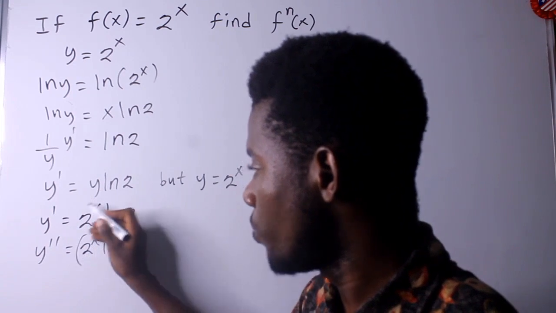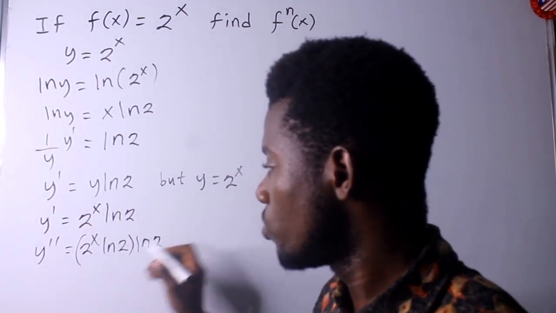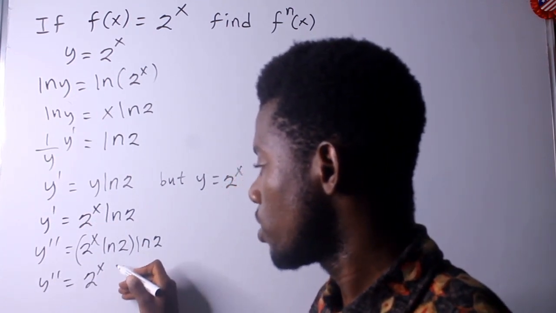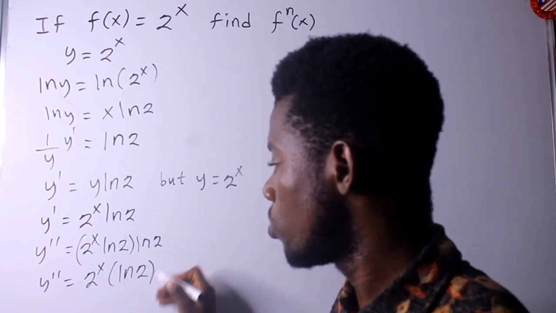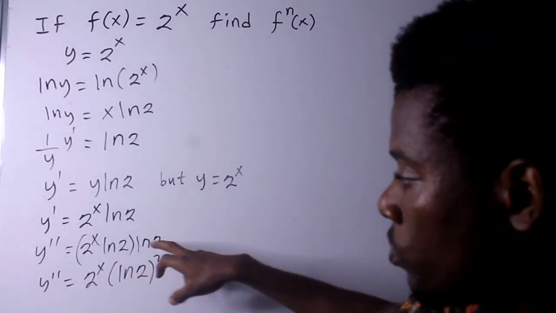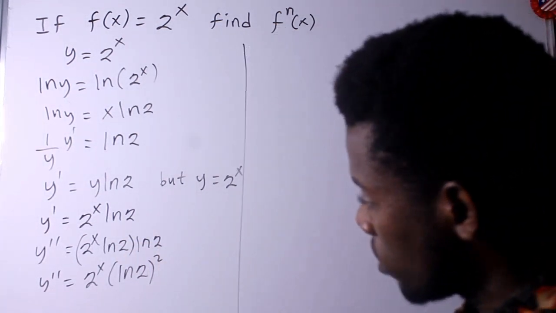And then we multiply that result by ln of 2. If we do that, we have y double prime is equal to 2 raised to the power of x multiplied by ln of 2 all squared. Great, because ln of 2 times ln of 2, you add the powers. We found the second derivative.